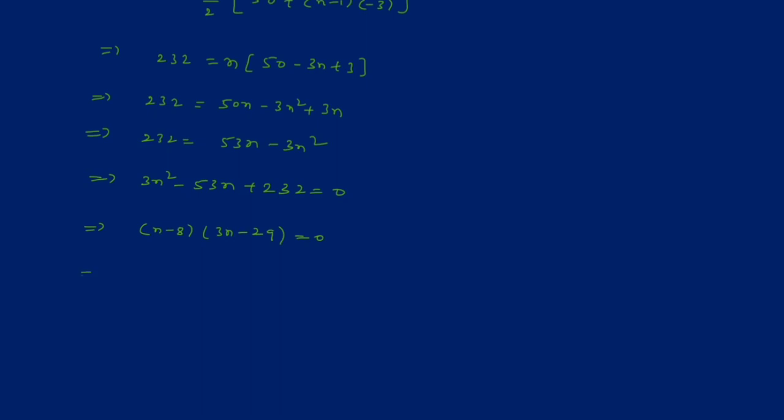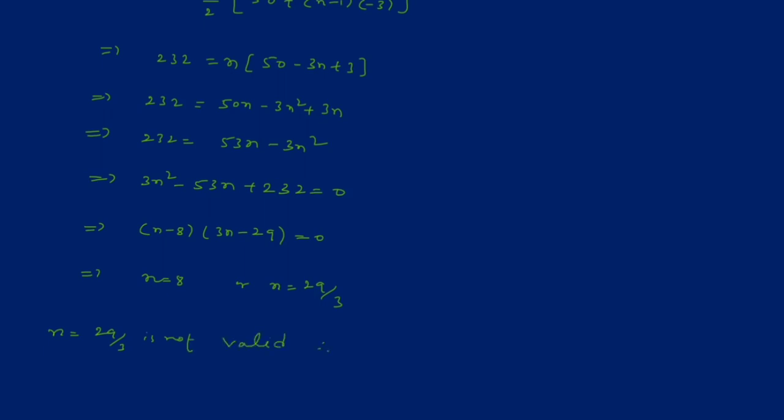So value of n is 8, or value of n is 29 by 3, right? So here n equals to 29 by 3 is not a valid number.